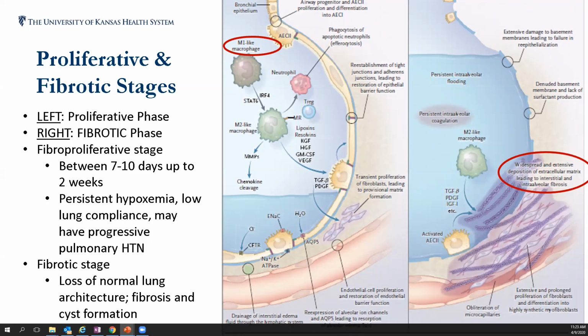This final fibrotic phase of ARDS does not occur in all patients, but has been linked to prolonged mechanical ventilation and increased mortality. And this is very true in some of our COVID ICU patients that we've been treating here.